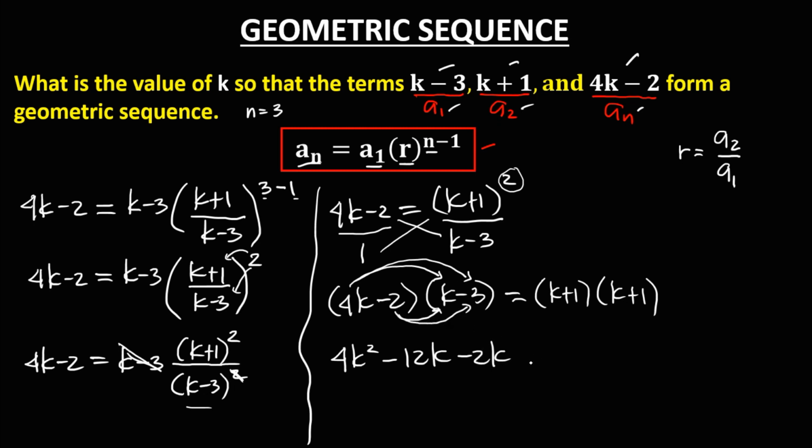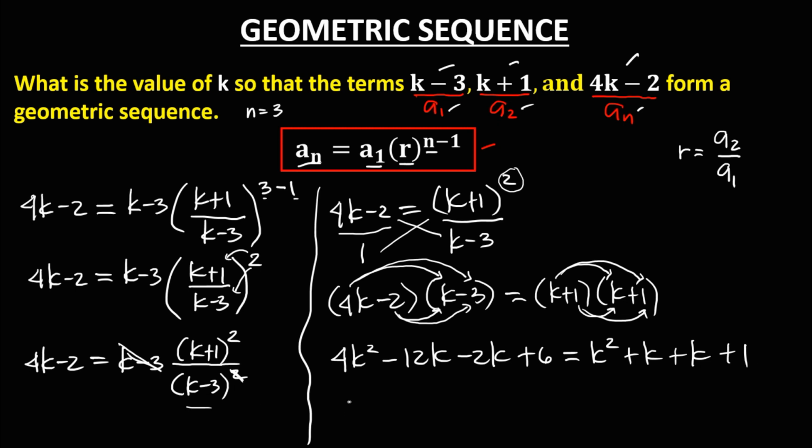Negative 2 times negative 3, that's positive 6, then equals. So on this side, k times k, that's k squared. K times 1, that's 1k or k. Then 1 times k, this one is also 1k or k. And 1 times 1, that's 1.